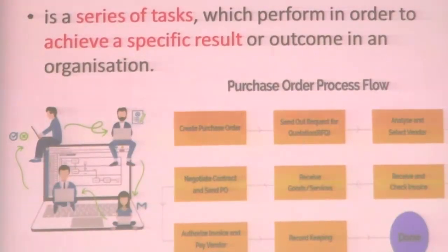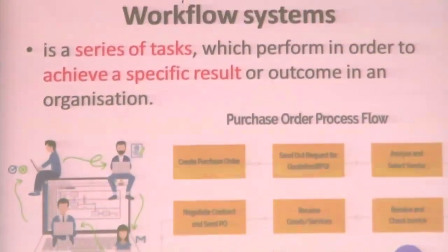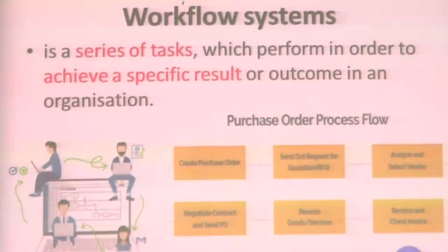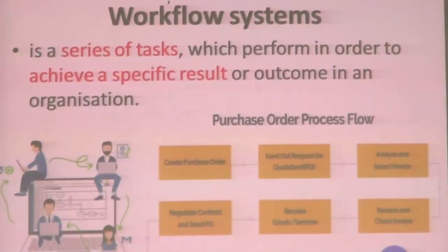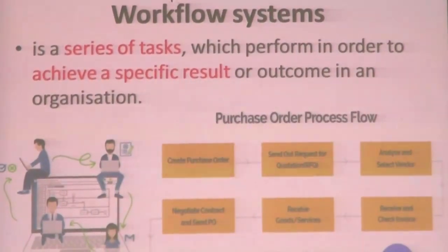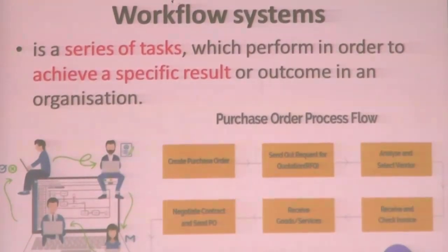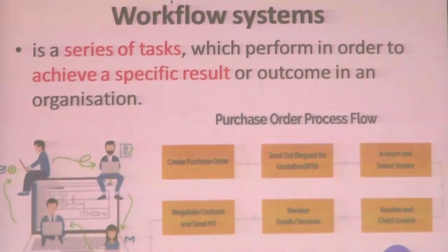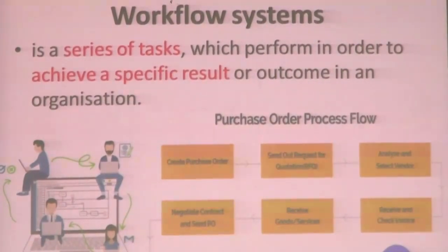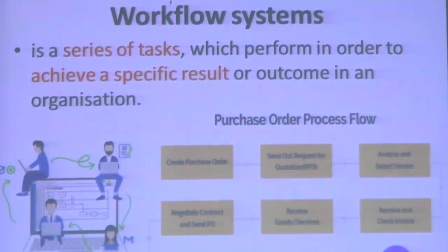Workflow systems. What is this workflow system? It's a series of tasks which are performed in order to achieve a specific result or outcome in an organization. That has main features: a series of tasks, and achieving a specific result.